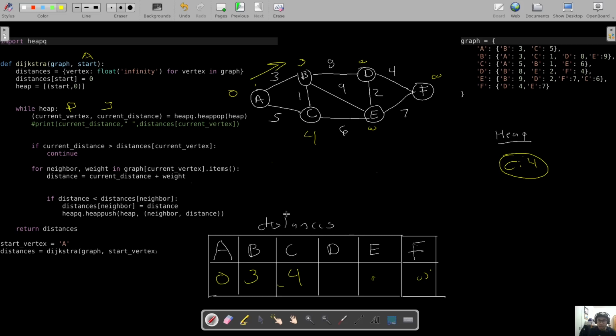So D is 3 plus 8, the current distance plus weight, which is 11. And E is 3 plus 9, which is 12.